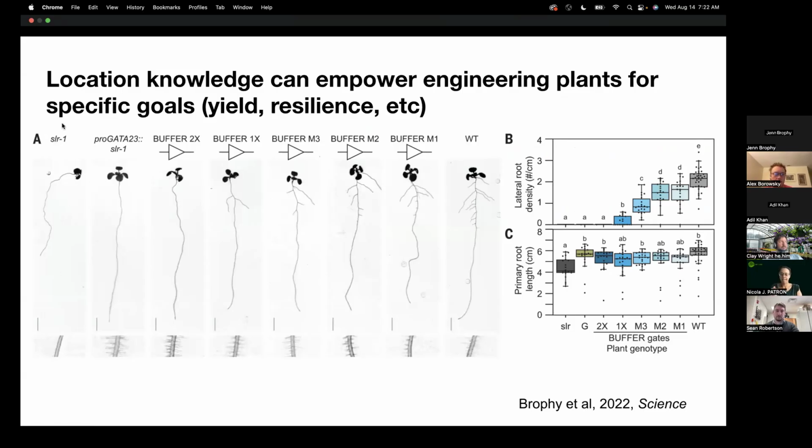But by expressing this dominant mutation in specific cells with this promoter, which marks the lateral root primordia, which I think Sarah talked about using the same promoter yesterday, the root length is no longer affected, the root hairs are no longer affected, but you maintain that loss of lateral roots. And then by tuning the amount of this protein with a synthetic gate, she's able to get a quantitative variation in lateral root density.